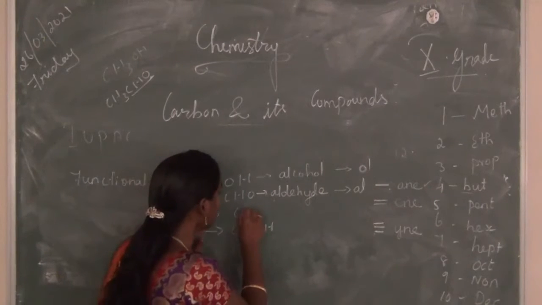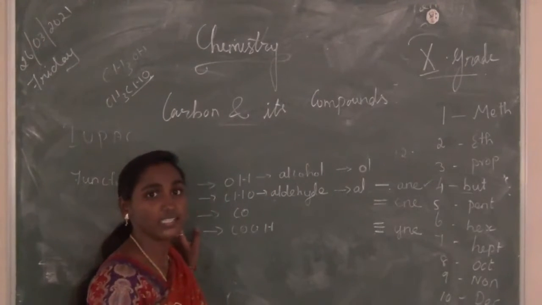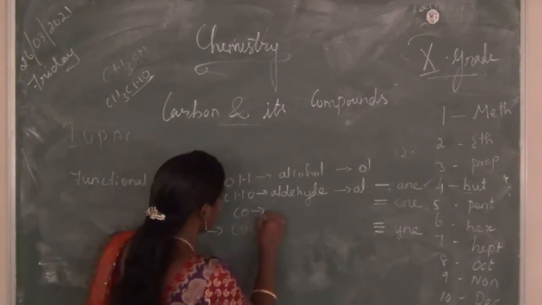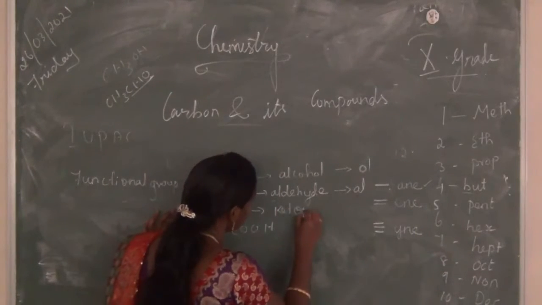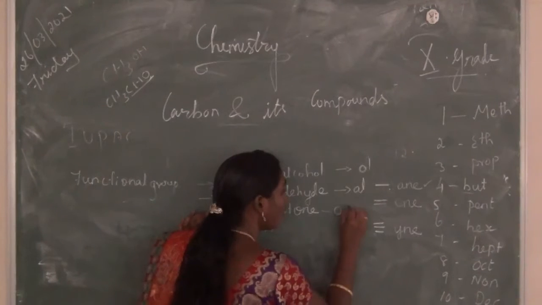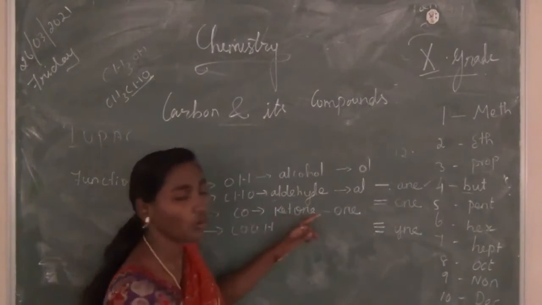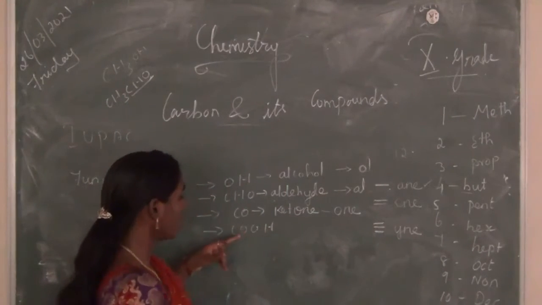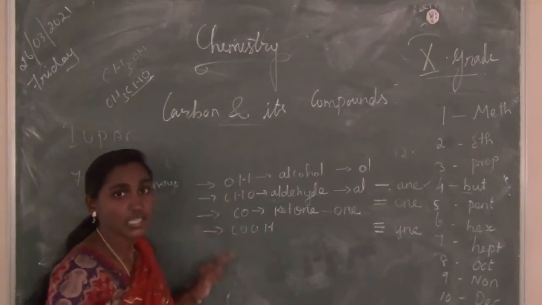The next is CO. CO means that is a ketone, and the suffix word we can use is ONE.